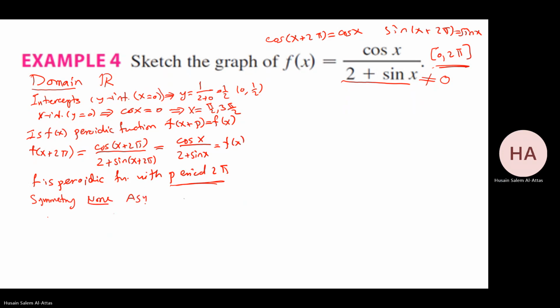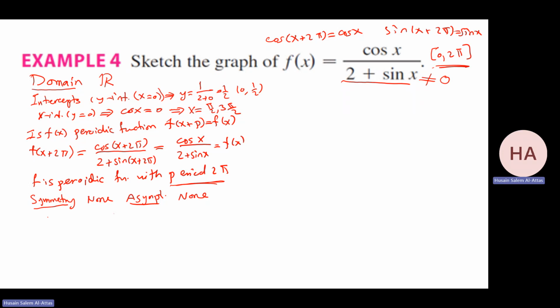Asymptotes, also none. The function cannot have an asymptote. The denominator cannot be equal to 0, and the numerator is bounded. Okay, what else? Domain, intercepts, periodic, no symmetry, no asymptotes.